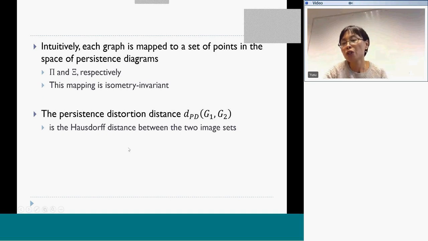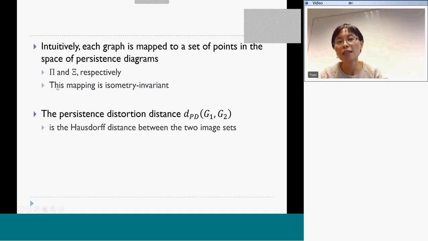What we did here is that, intuitively, every graph is now mapped to a set of points in the space of persistence diagrams. Every point in the graph gives me a corresponding point in that set. So Pi and Psi are their images in this common space of persistence diagrams.